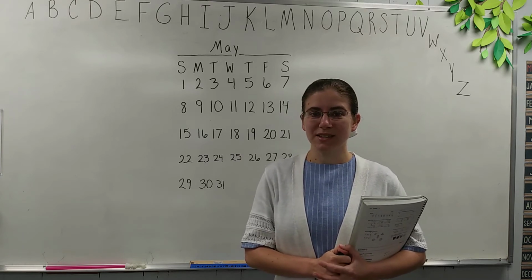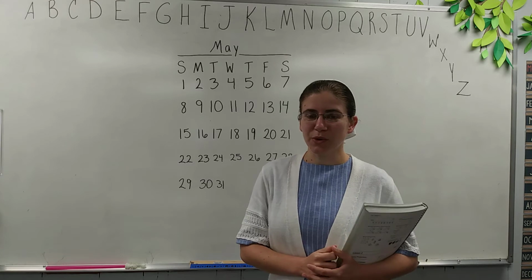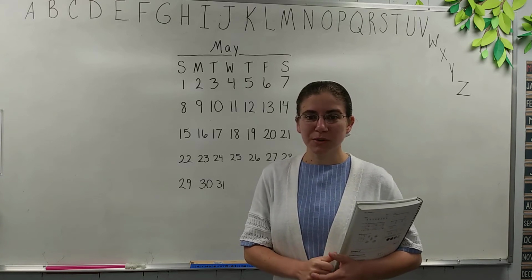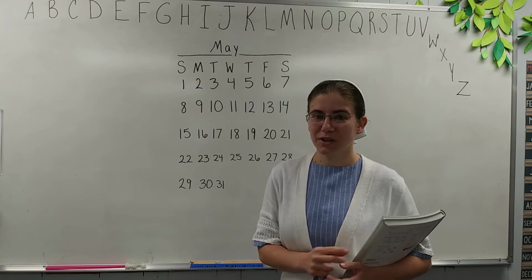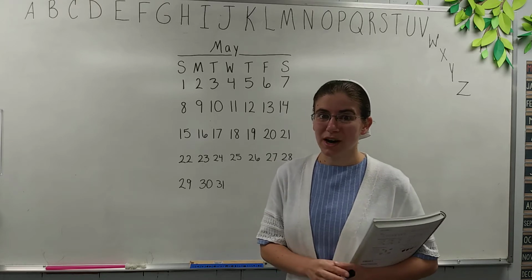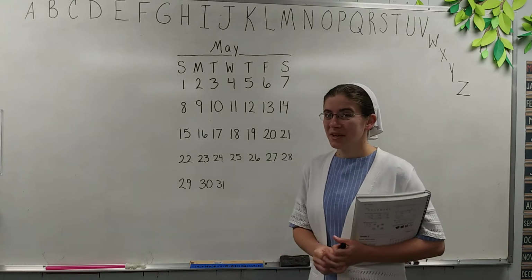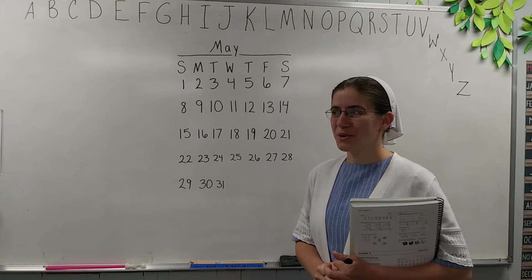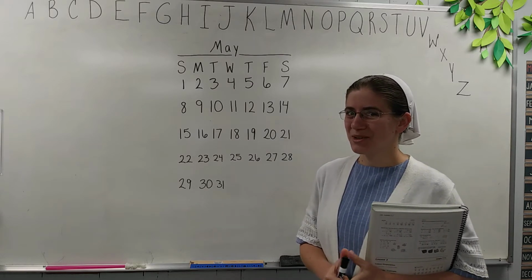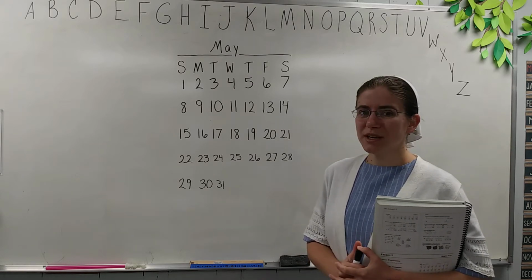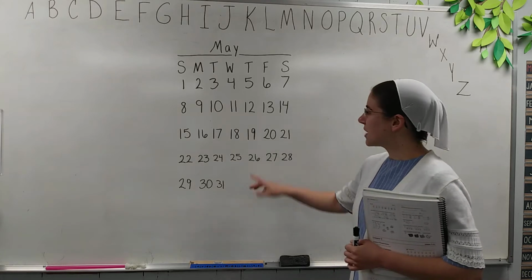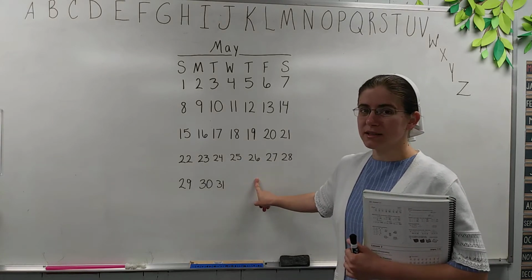So today's, I'm going to go ahead and go over it with you. Please follow along and see if you can figure it out before I tell you what the answer is, okay? I would like you to figure it out. On page 7, you have a calendar, something like this.